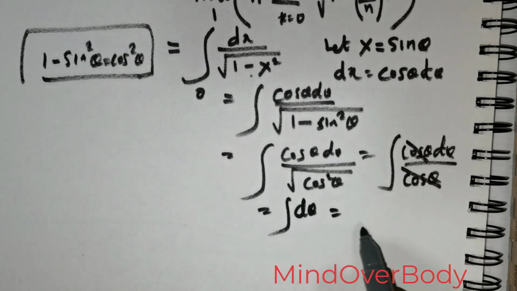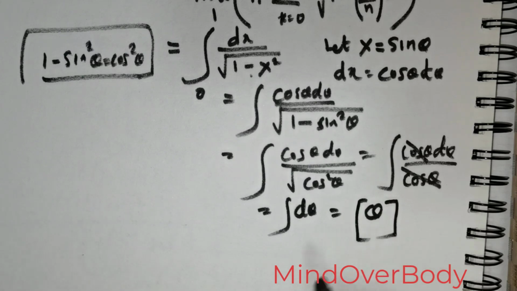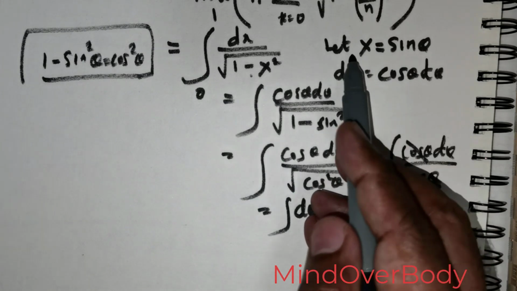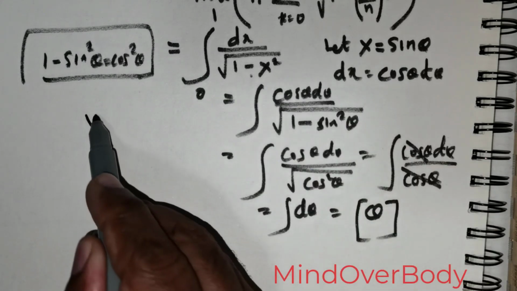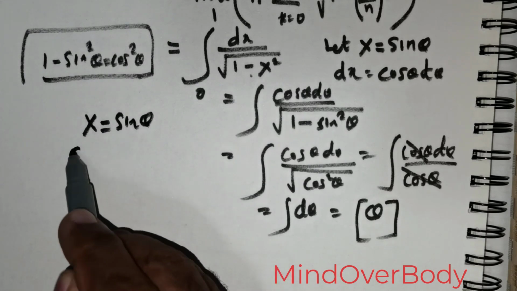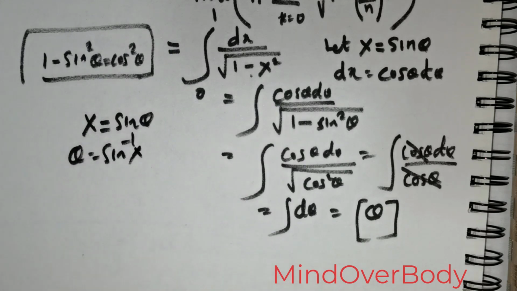Now the integral of d theta is theta. Before placing the limits, I revert to the x component. Since x is equal to sine theta, theta is sine inverse of x.